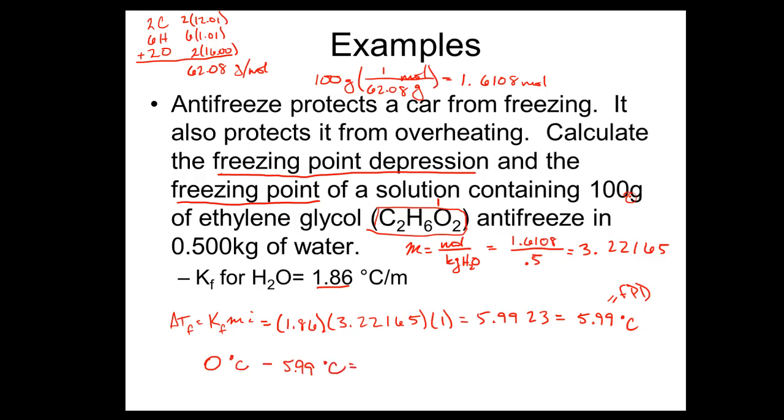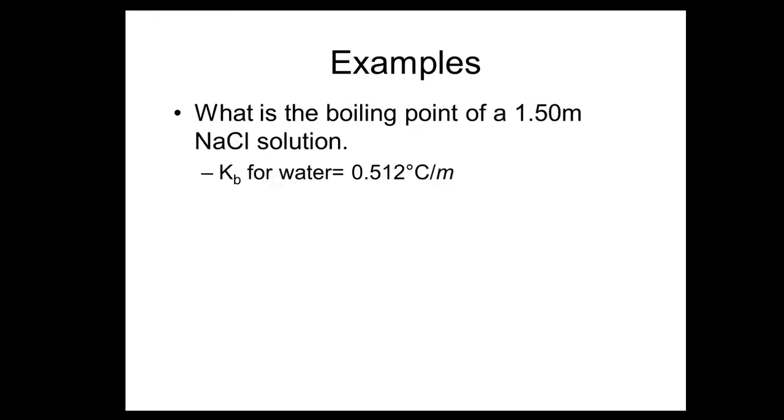So our new freezing point is really, I almost punched that in my calculator. How silly would that have been? Negative 5.99 degrees Celsius. All right, so that is the temperature at which our antifreeze solution will freeze, the new freezing point of the water in our engine.